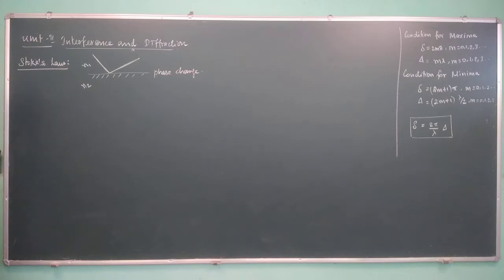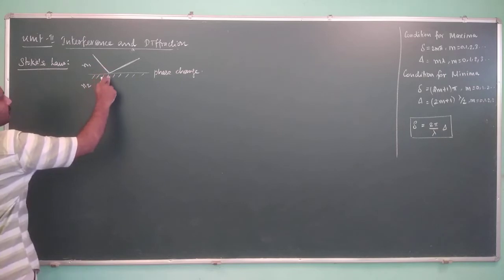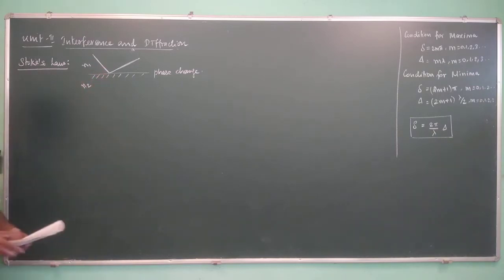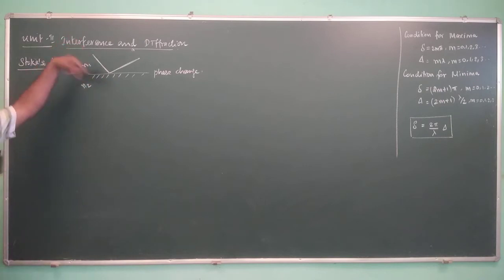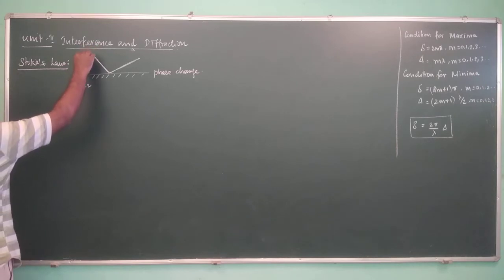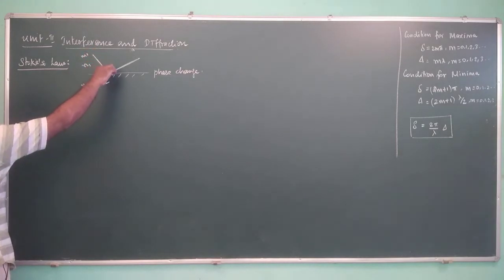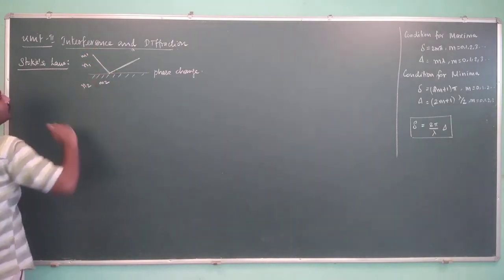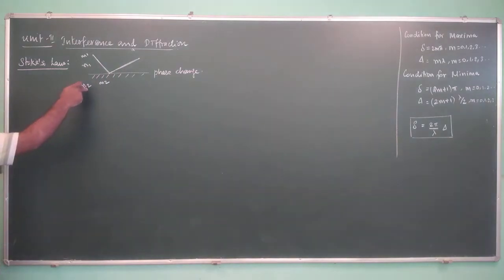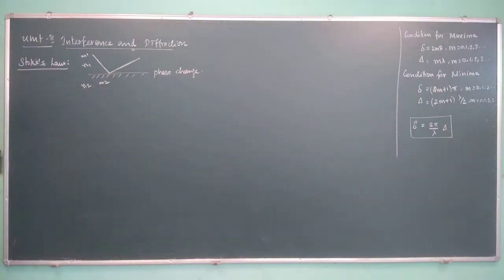According to Stokes' law, when the incident light is reflected from a denser medium than its previous medium, that is, when the light is traveling through medium 1 and getting reflected at the surface of medium 2, if the refractive index of medium 2 is higher than that of medium 1, that is, this reflecting surface is a denser surface, then the reflected ray will undergo a phase change of pi.